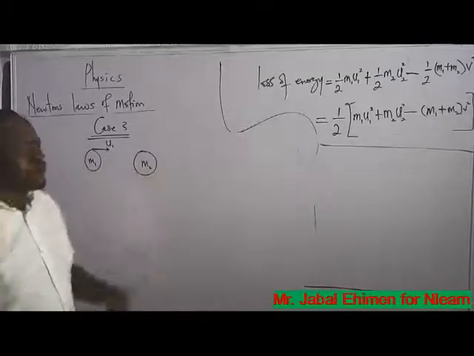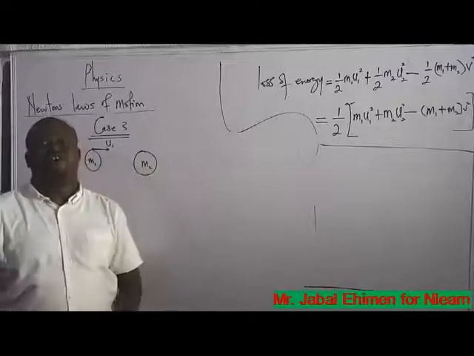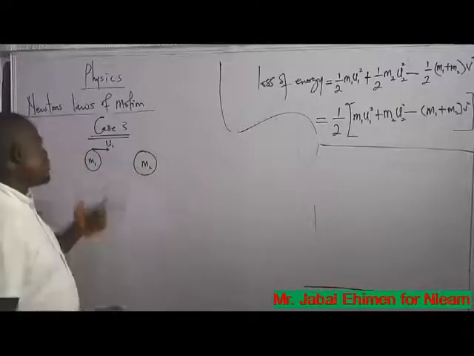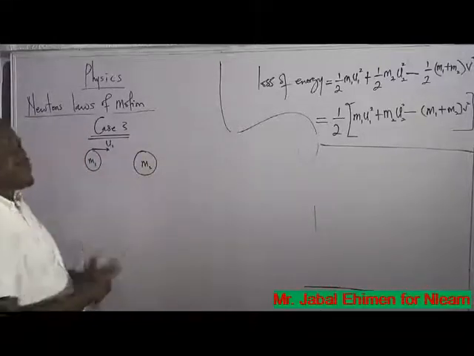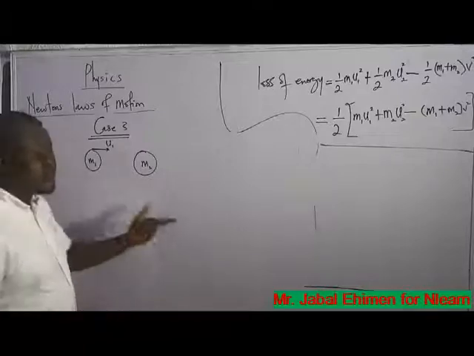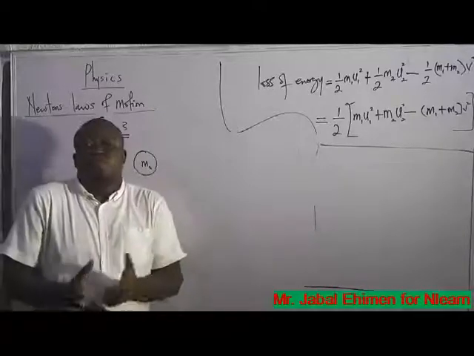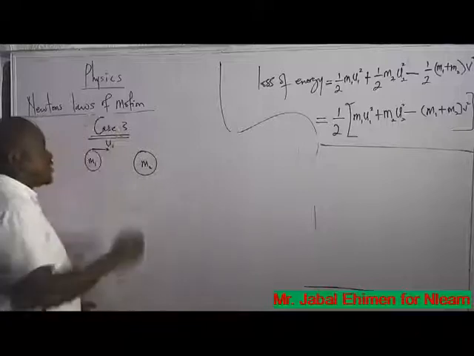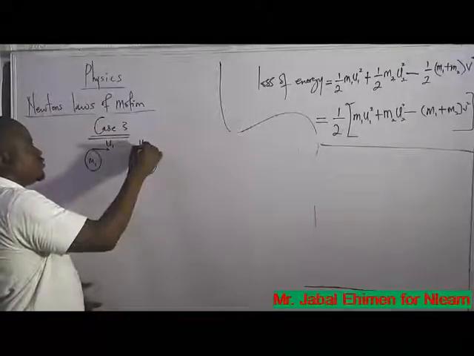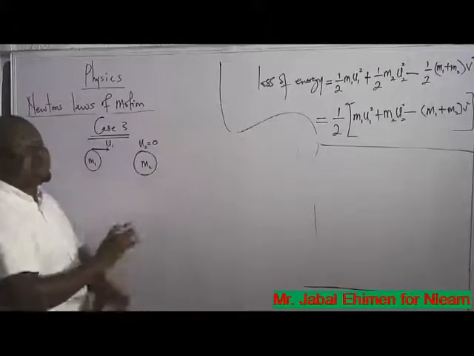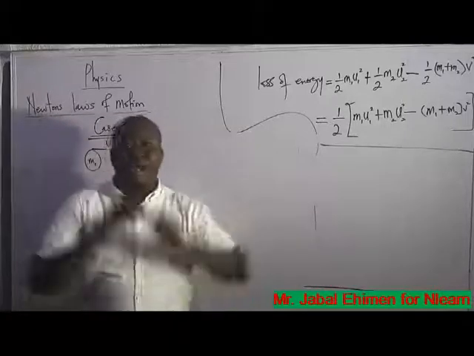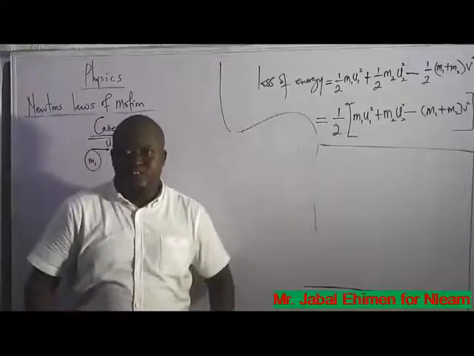The problem with M2 is that M2 is not moving, it's stationary. M1 is moving, but M2 is not moving. If M1 collides with M2, which is stationary, the value of U2 is equal to 0, meaning the body has no initial velocity.